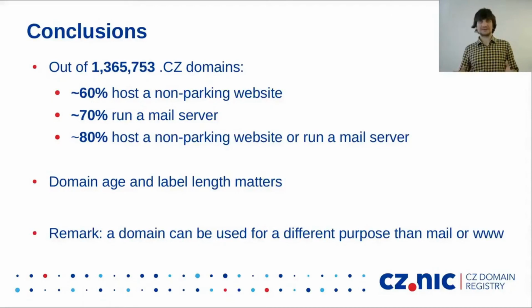It can run a second level registry. There can be some corner cases, but we believed that web and mail services are the most popular, so we can get some picture of the DNS ecosystem just by looking at these two services. So other services were out of scope of our analysis.